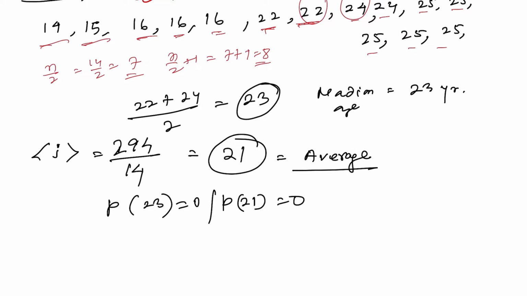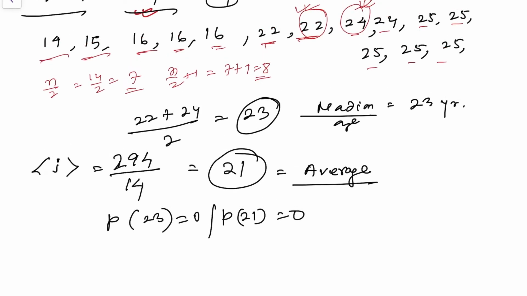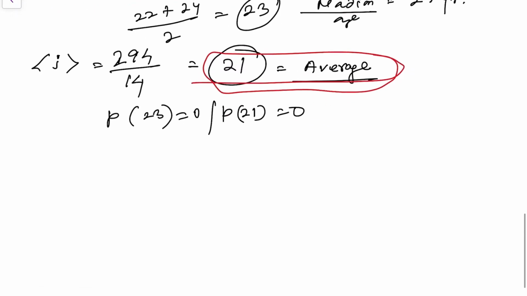Now let me tell you about the average in quantum mechanics. In quantum mechanics, the average is the quantity of interest, which is called the expectation value. So this average can be calculated in this way.